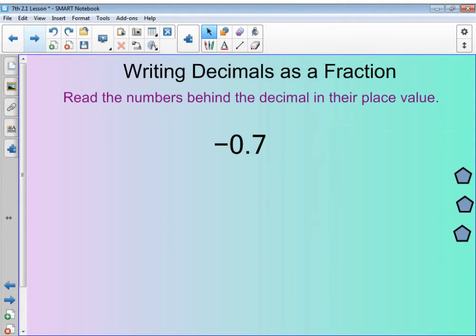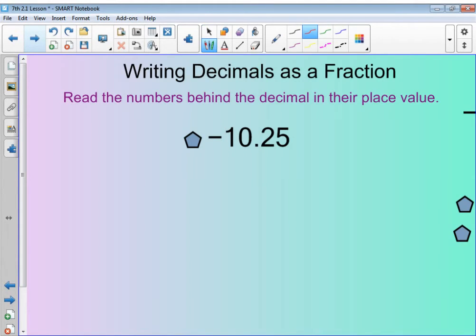Okay, let's try another one. This next one, we're going to have a number in front of our decimal. So I have negative 10.25. When I read that, this is negative 10, this right here means and, 25, and then I have to figure out the place value. Maybe I'm not great at that. So I'm going to take what's sitting in front, and that's just going to be that big number that sits out in the front of my fraction.